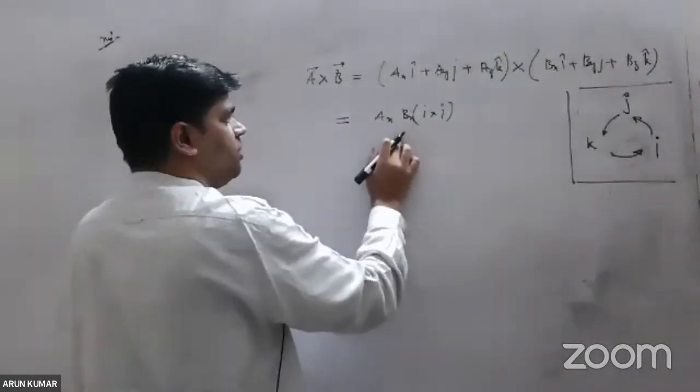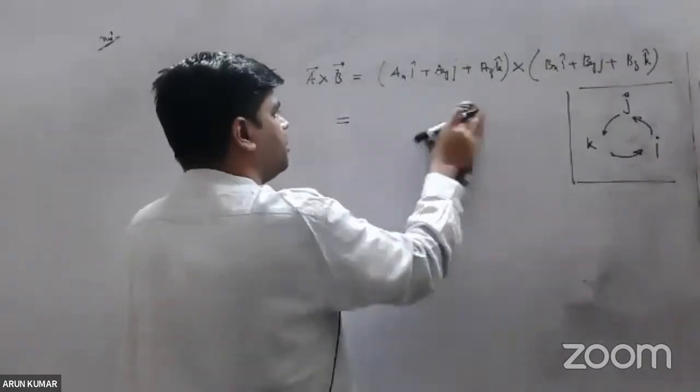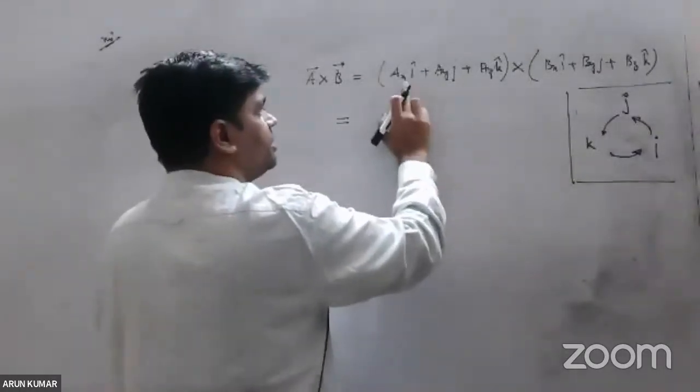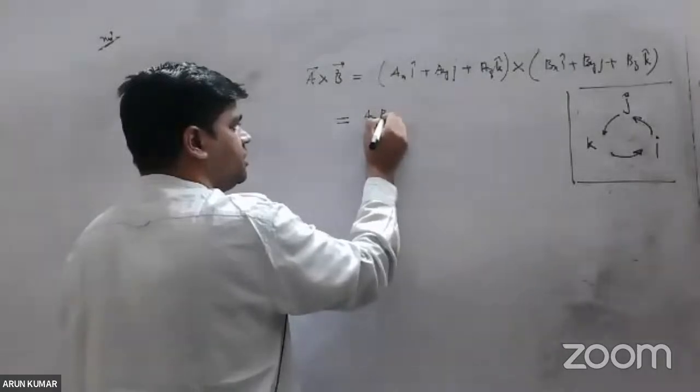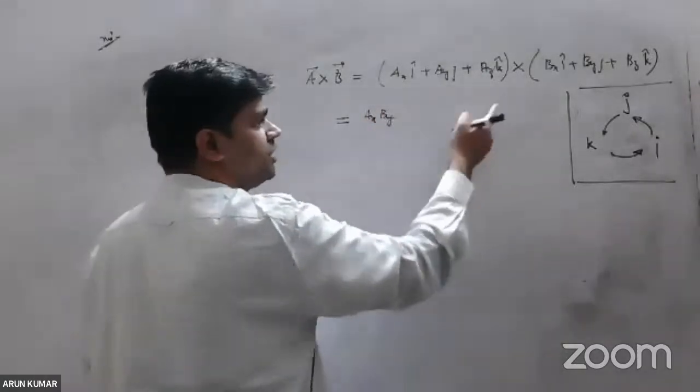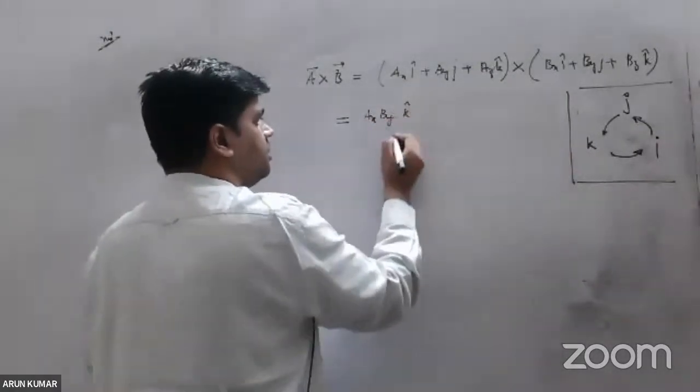So this is 0. Second term is ax I cap by j cap, so that would be ax by I cross j. What is I cross j? K cap.